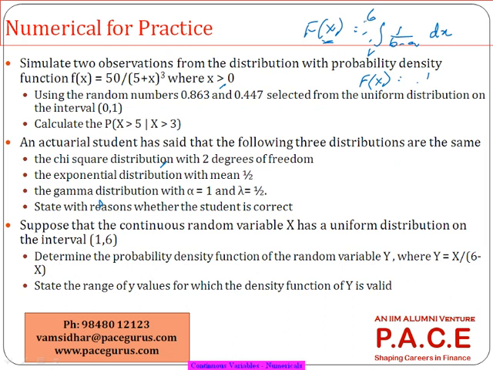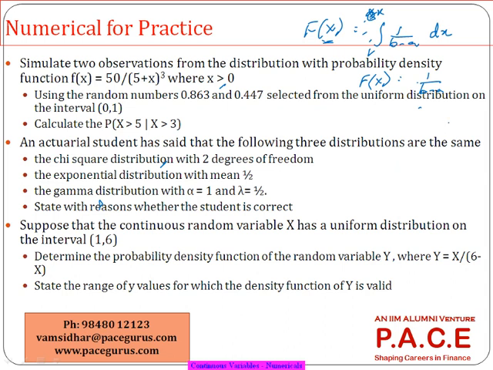Or instead of 6, if I take x, I will get 1 by b minus a integrated between 1 to x. Because if I do it from 1 to 6, I will get 1. So I am doing it between 1 to x to get the distribution function.